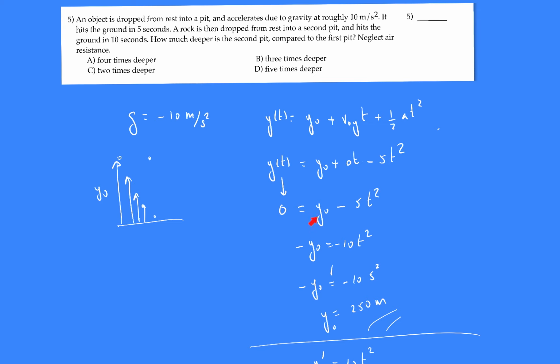So 0 equals y0 minus 5t squared, and this concludes that y0 is 5t squared. So y0 is 5 times the time it takes to arrive, 5 seconds, so 5 squared, 25 times 5 is 125. So this is the depth of the pit.